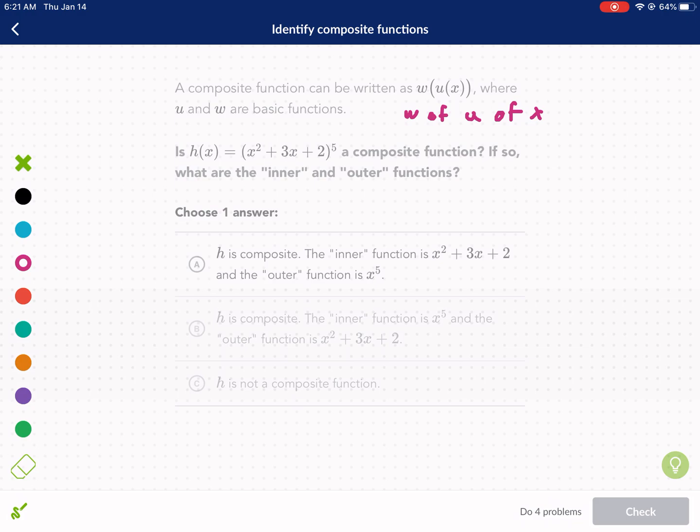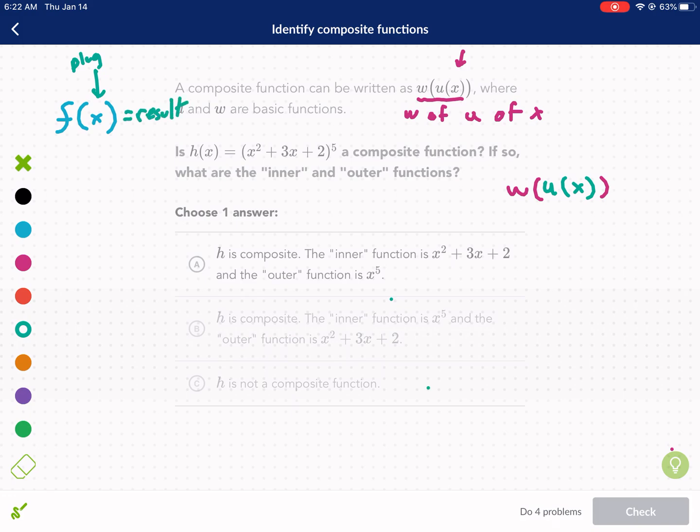Now when you're looking at this, up here we have w of, and then we have u of x. If you remember when we had f of x, a function of x, what we would do is plug in something for x, and then we would get a result.